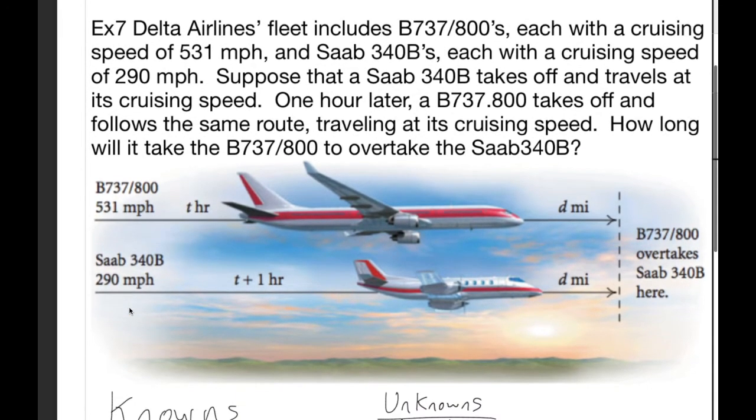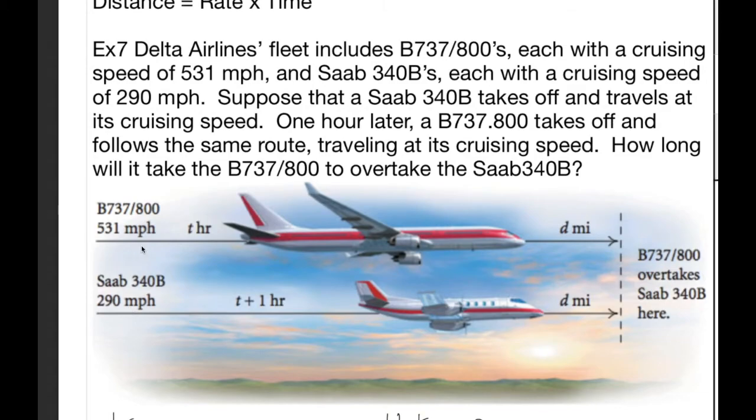So here's a great picture that the textbook gives you. You can see here's the starting line, here's the ending line, and we don't know how far away the ending line is. We just know that there's an unknown amount of time, t, and the Saab gets an additional hour because it started earlier.